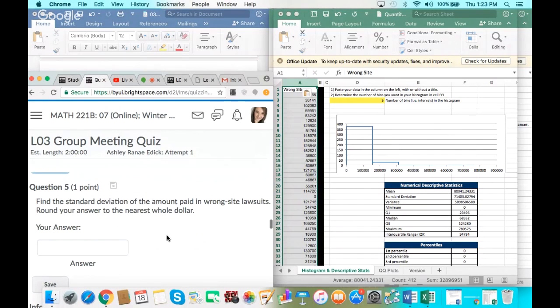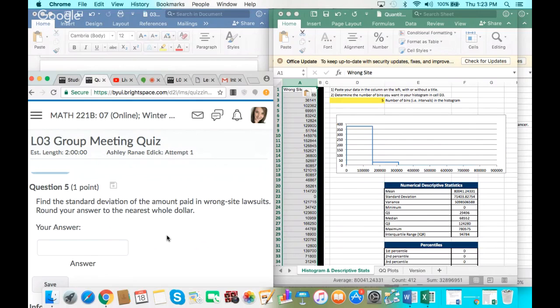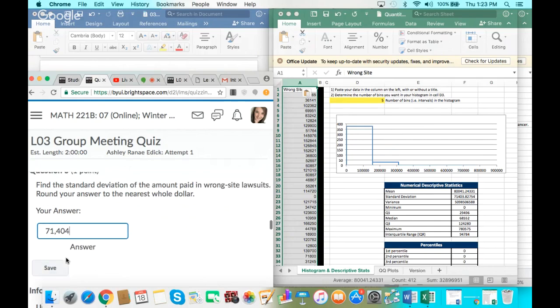And then find the standard deviation of the amount paid in wrong site lawsuits. So 71,404? Yeah, because it's 0.82, right? Yeah, okay. 404. Okay.